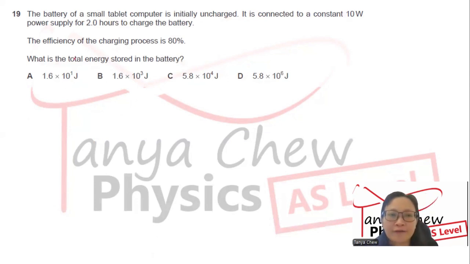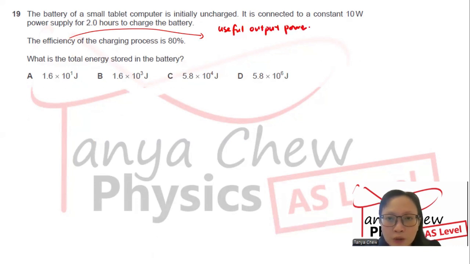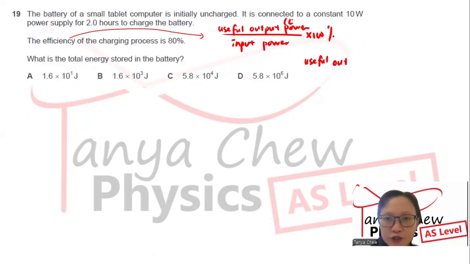So how do you find efficiency? There are three equations of efficiency. One is the useful output power over input power times 100%. Or, if you don't like this, you can use useful output energy over input energy times 100%.